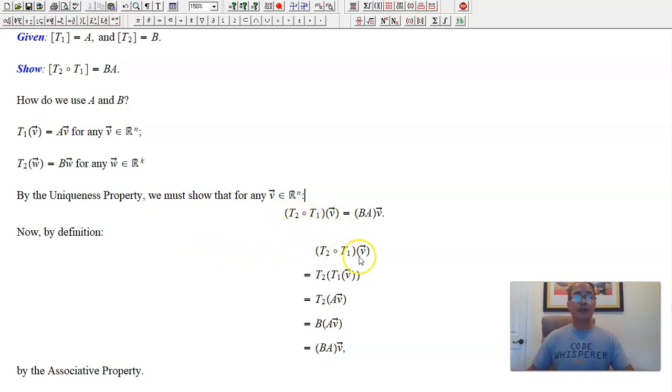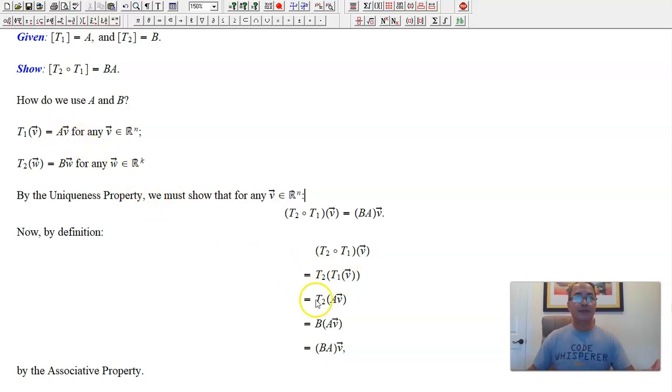Okay, so let's slowly unwind the left side of this equation. We have T2 composed with T1 evaluated at V. The definition says, plug V into T1, compute T1 of V, and plug that into T2. But how do we compute T1 of V?